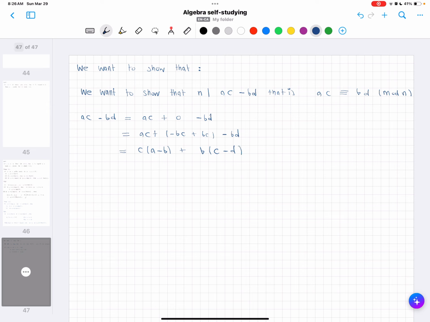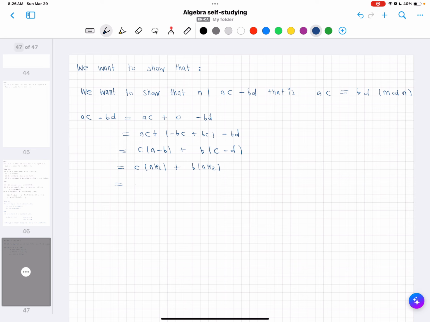And now we use the fact that n divides A minus B, and n divides C minus D. So we end up getting the following: C times n times k1 plus B times n times k2.